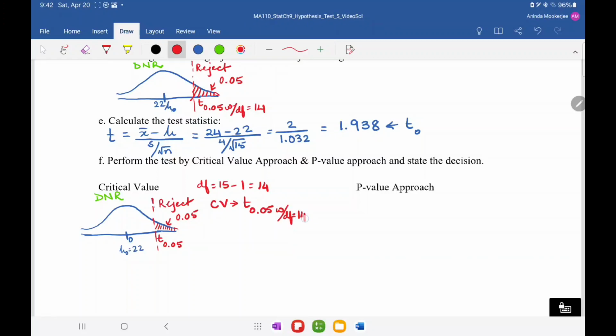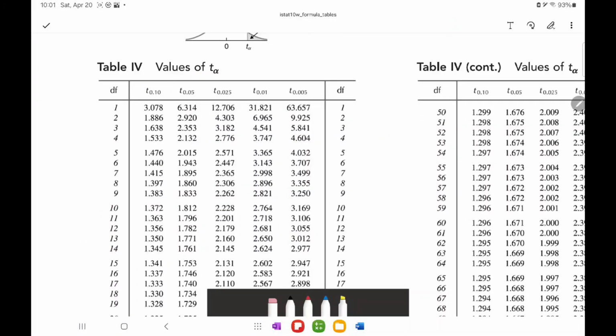which will be equal to, now we have to go back to our table, the t table this time, and find the critical value, the t value. So let's do that. Here's our t table, and we are looking for a df of 14, right? We calculated our df as 14 from 15 minus 1.